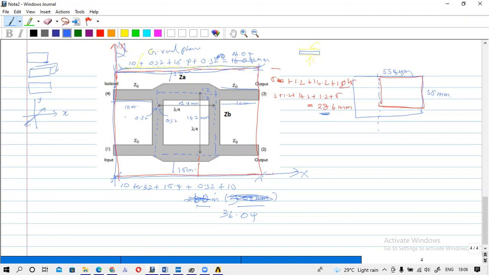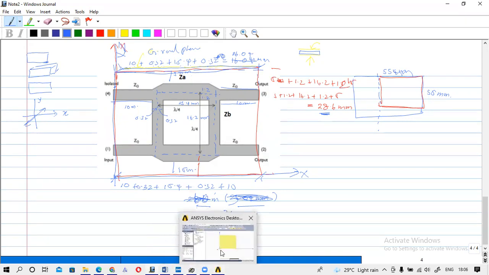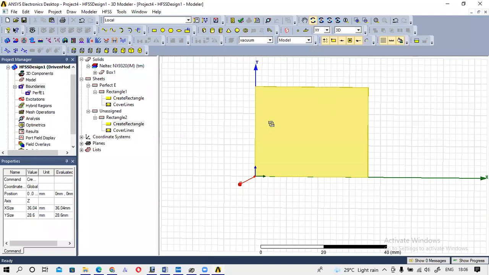For example, if you calculate this value, you can draw a rectangle here in HFSS with that dimension, then subtract it from here to here, and that copper part will be cancelled.